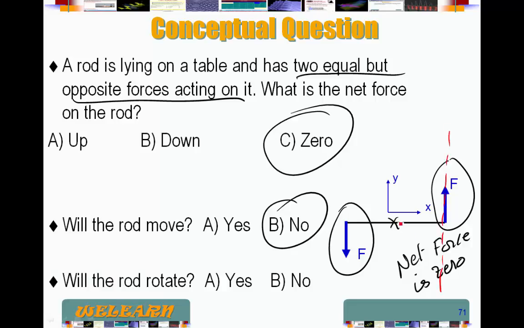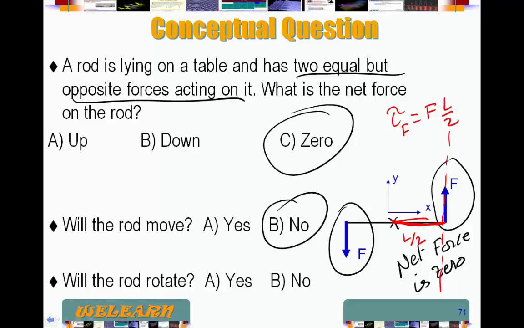This is the line of action of F. This is the lever arm. The lever arm is the length of the rod over 2. So the torque due to the first F is F times L over 2. And it is in the counterclockwise direction.